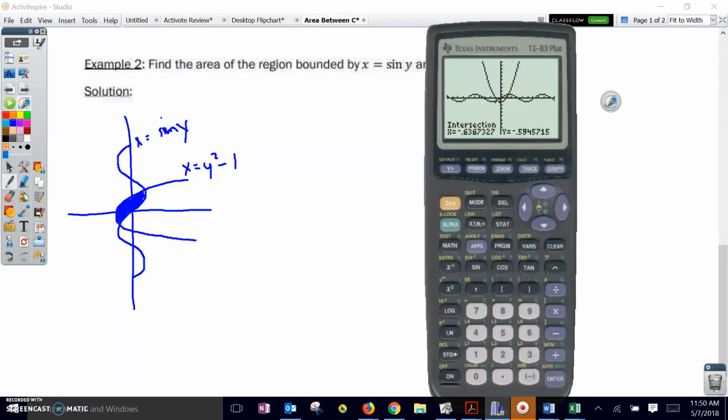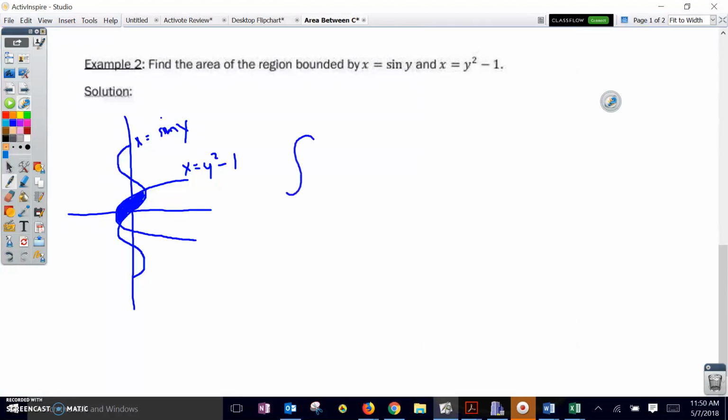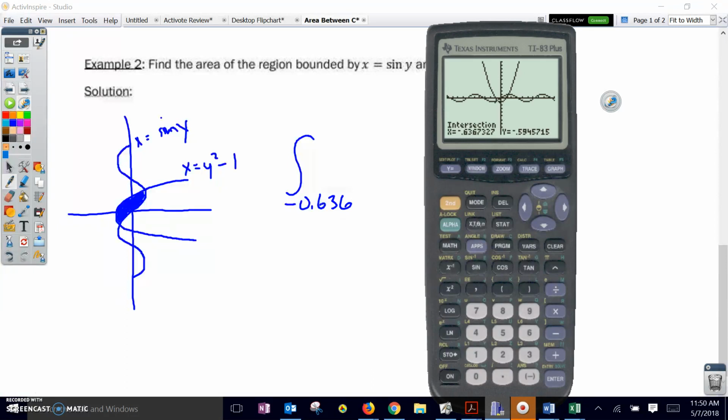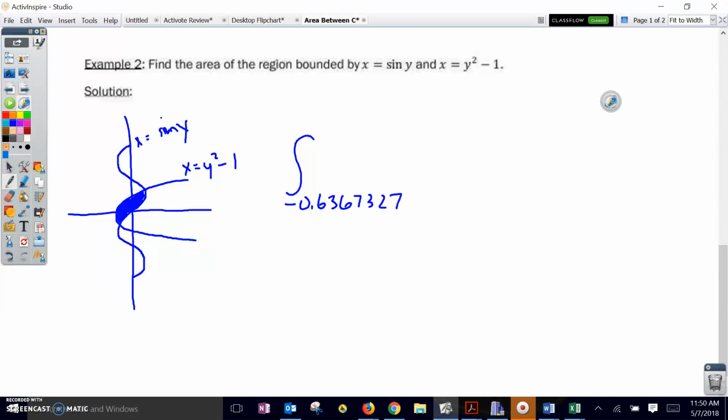Since I want the y coordinates of the intersection points in reality, I'm going to use the x coordinate from this graph. And so my lower limit of integration is going to be negative 0.636, etc. So that negative 0.6367327 as my lower limit of integration.